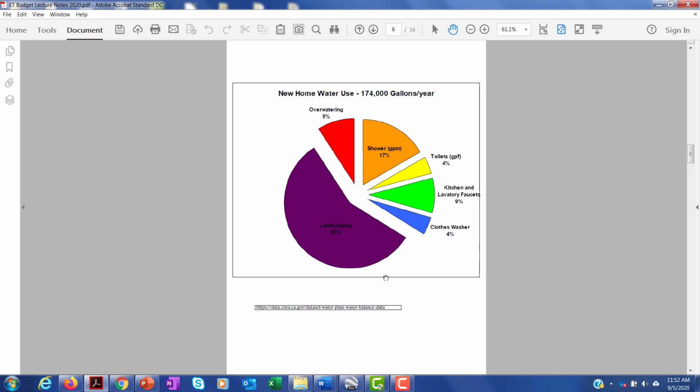And I'm going to repeat this a bunch of times in the class, but there's a really big difference between using water in a shower and a toilet and laundry and using it in landscaping. Because think about it. If you're taking a 10-minute shower, or your toilet is inefficient and flushes at 6 gallons of flush, where does that water go?